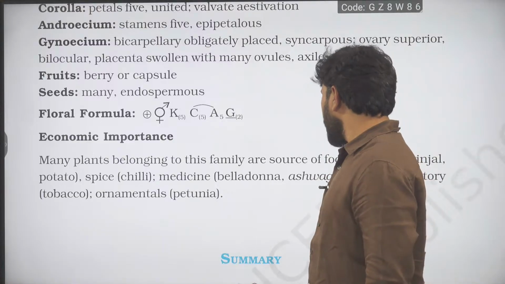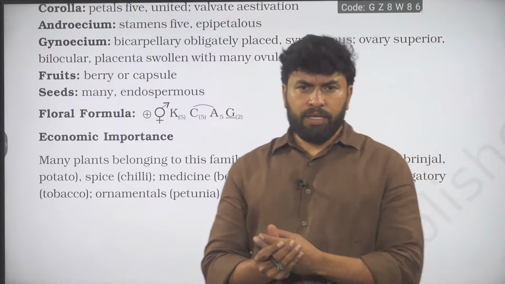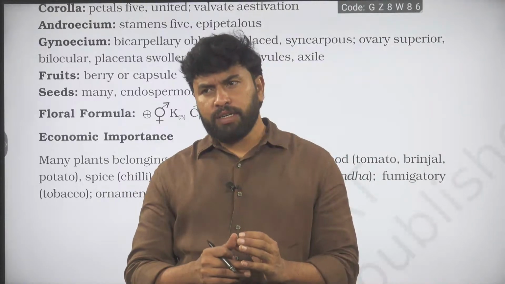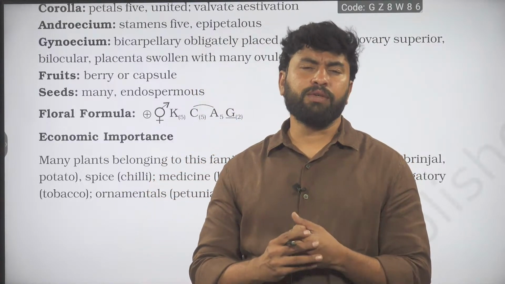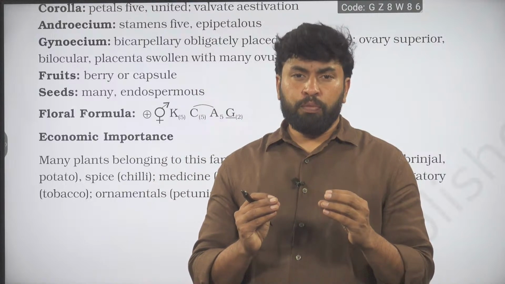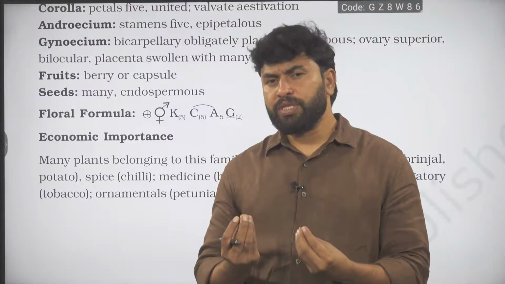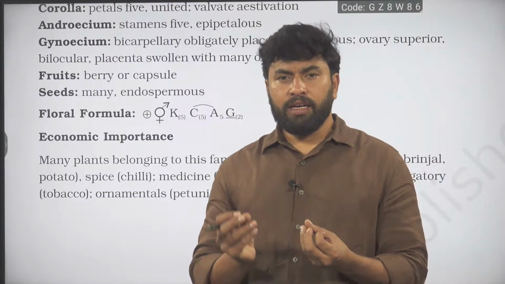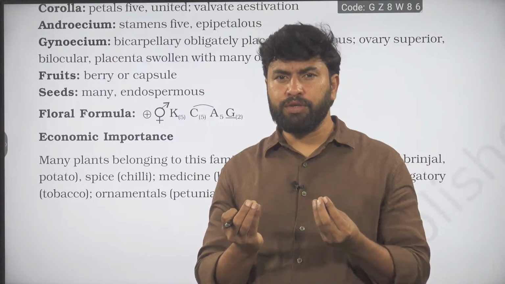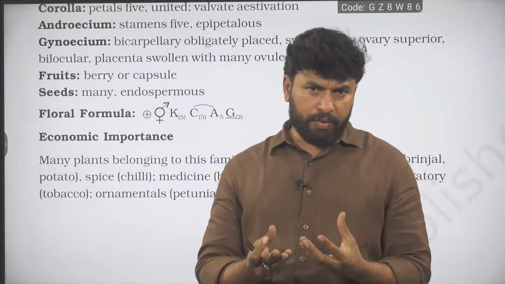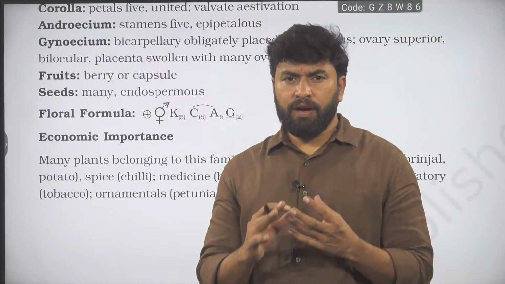Medicine. Atropa belladonna. Atropine. From Atropa belladonna, they extract a chemical called atropine. Atropine is commonly used for pupil dilation. There are some people who have eye problems. To check the eye properly, the doctors add a few drops of atropine, which makes the pupil dilated. Also, atropine helps with heart problems.